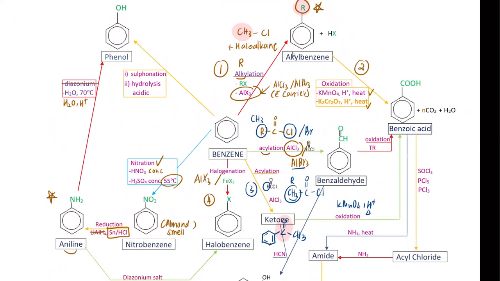If you want to form phenol directly from benzene, you can use sulfonation. For sulfonation we use concentrated sulfuric acid and then acidic hydrolysis, H2O, H plus. These two come together. You must have both, then only can you synthesize phenol from benzene.